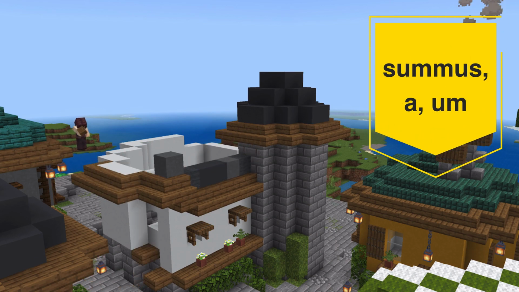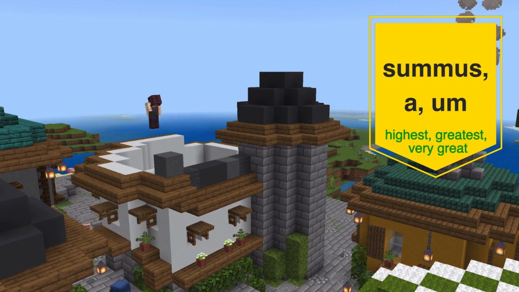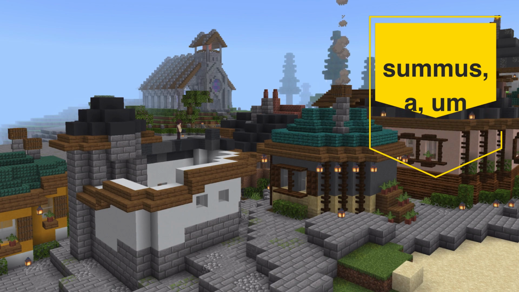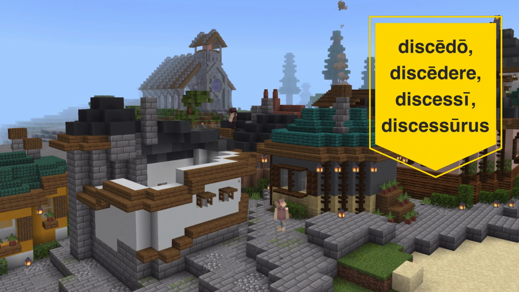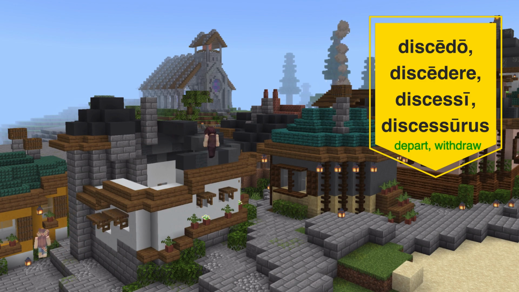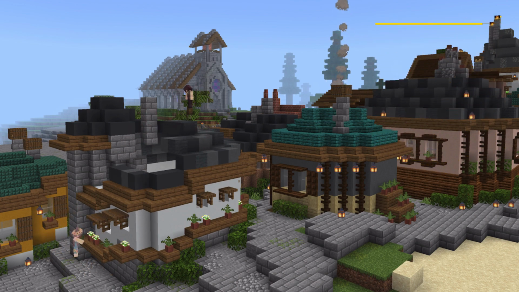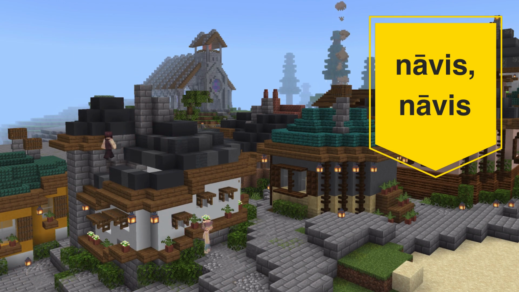Then we have summus, -a, -um, which means highest, greatest, or very great. Discedo, discedere, discessi, discessurus, which means depart or withdraw. And we have navis, navis, which is a pretty easy one when you think of navigation, because it means ship.